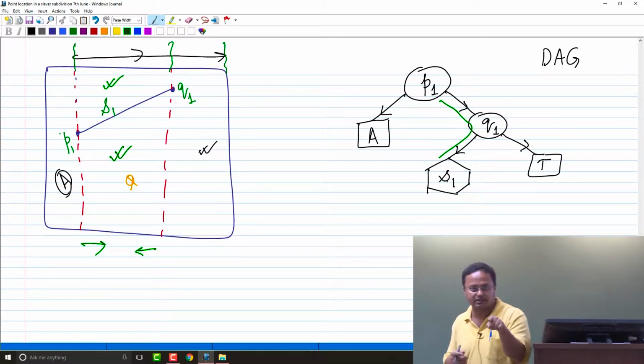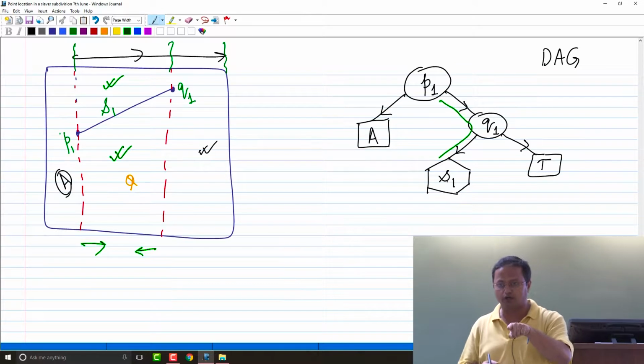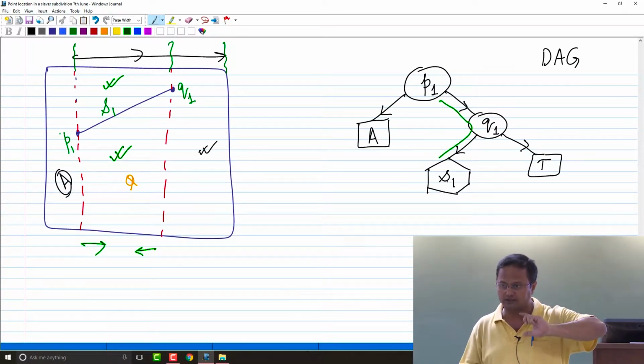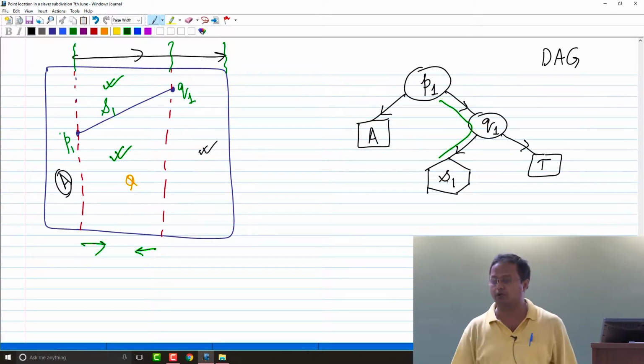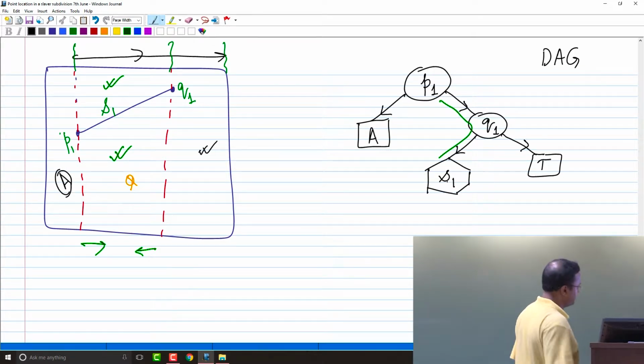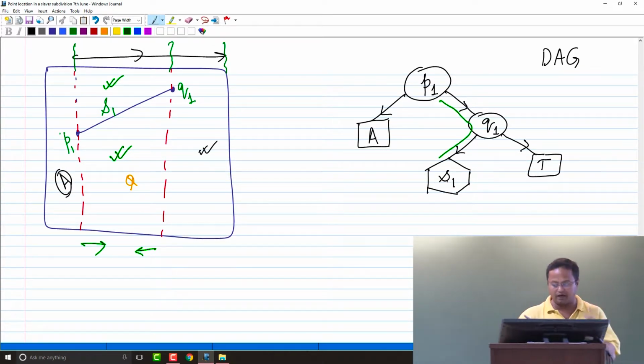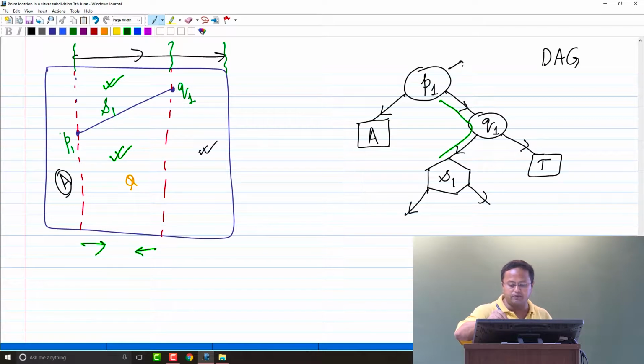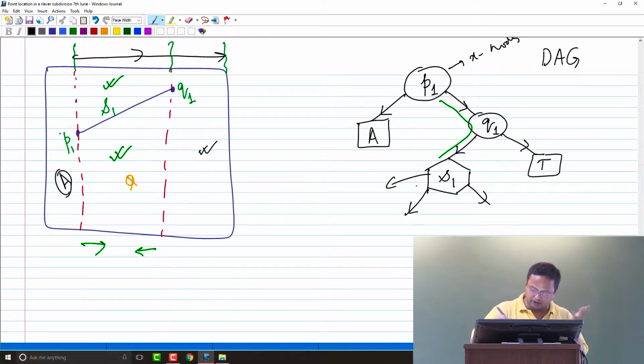When you use the segment as your discriminant, you can make upper and lower decisions on a particular slab that has been divided by this line segment only. And then you have the trapezoids as your leaves. Let us call the point-based ones x nodes, and the ones based on the segments y nodes, and these are the leaves.